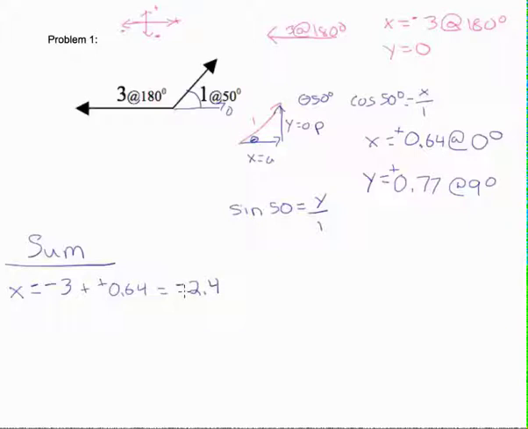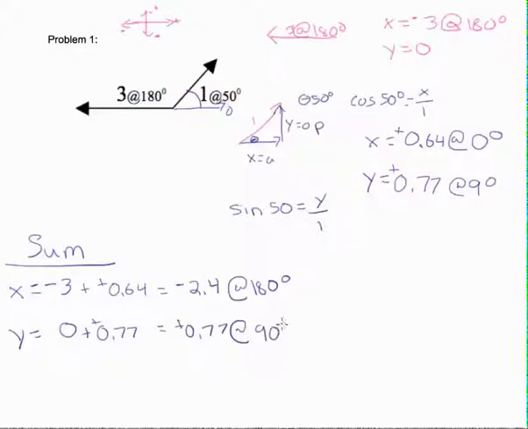And we won't do anything else with that negative sign. You can mentally drop it from here on out. And so our y equals 0 plus positive 0.77. So we have positive 0.77. And because it's positive, we know it's at 90 degrees. And now we have a type 1 problem.